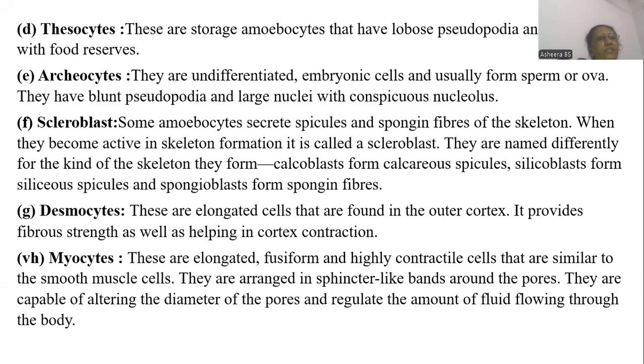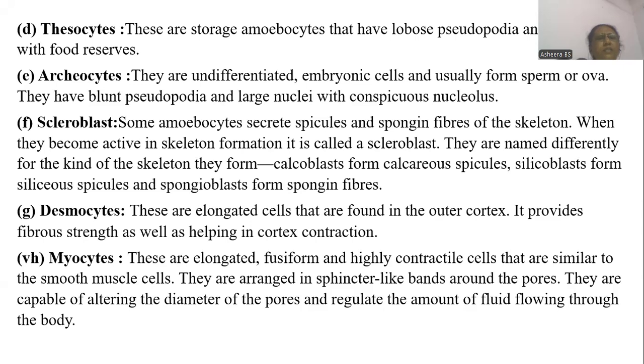And if you take the scleroblast cells, they are one type of amoebocytes. They secrete the spicules and spongin fiber of the skeleton. If the amoebocytes become calcoblasts, they form the calcareous spicules. If they become silicoblasts, they secrete the siliceous spicules.